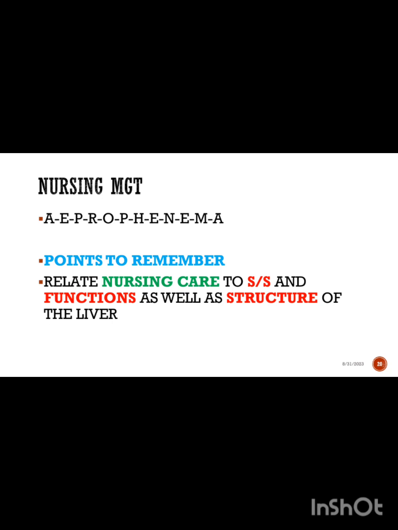Fluid should be titrated, or it should be monitored, or if the patient even has ascites, you need to restrict fluid. So that's why we're saying you need to check the signs and symptoms as well as the functions of the liver. It will help you on how to write your nursing management. So that is the IPROPHENEMA.